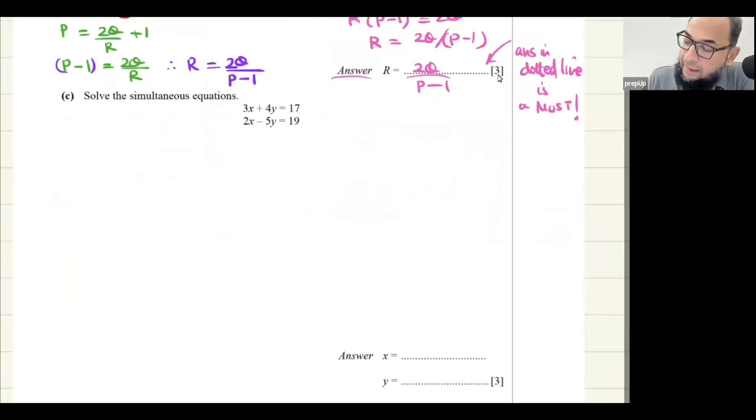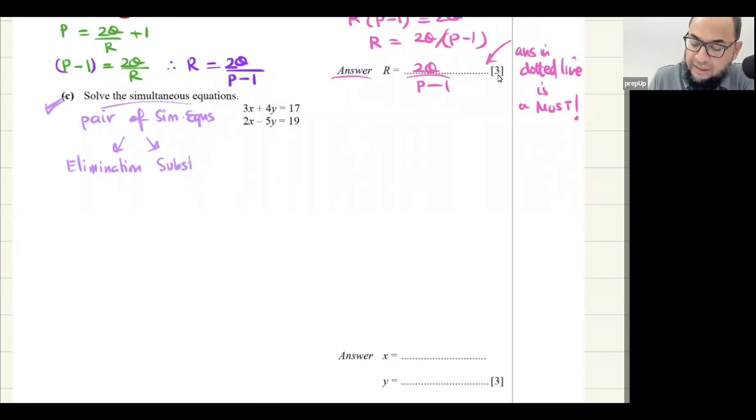Now, let me just focus on this question. That is part C. Solve the following pair of simultaneous equations. Your choice whether to solve it using elimination or substitution. That is your choice. This is also good.